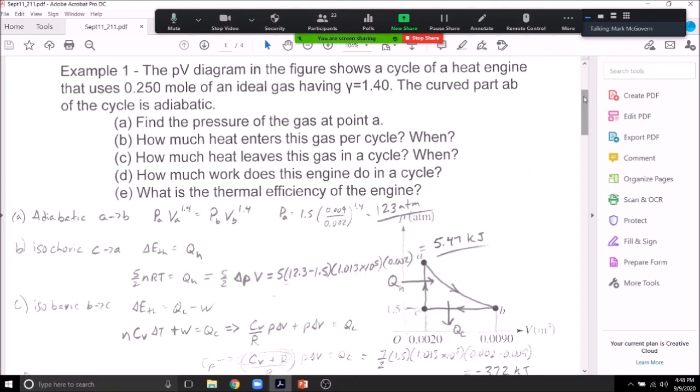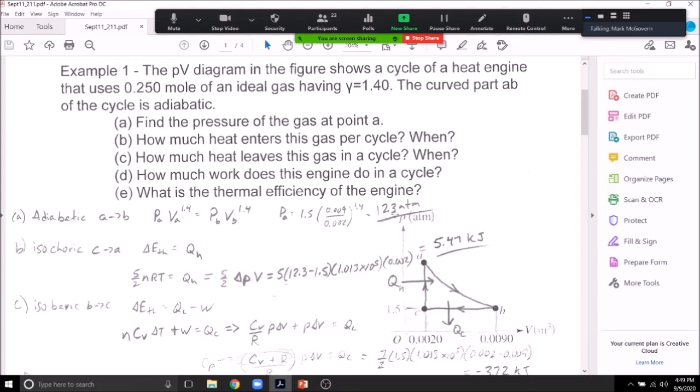We put in our pressures. We're using atmospheres here. You might say, shouldn't you be using Pascals? In the ideal gas law, you do. When it comes to proportions or ratios, the units cancel out ultimately, so you don't have to convert to Pascals in this situation. We can keep things in atmospheres. So I do my adiabatic relationship here, and we end up with a higher pressure at 12.3 atmospheres.